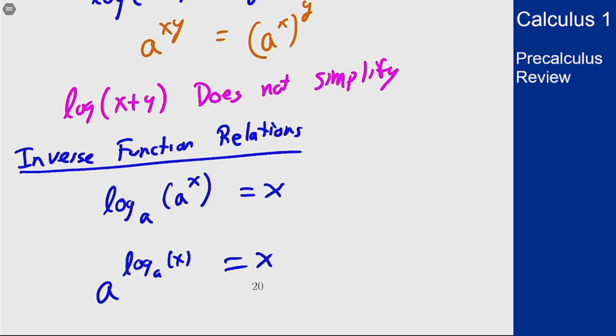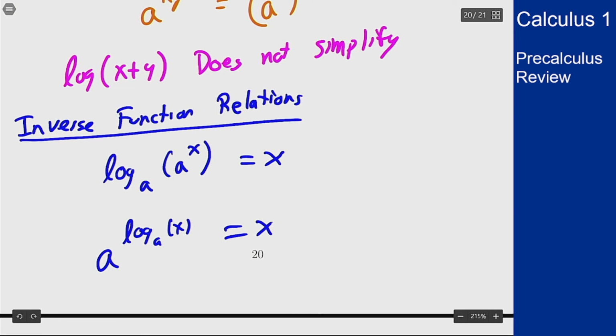That's the properties of the logarithm. The second one looks strange. But if you recognize that what you have here is the function a to the y with y equals log base a of x, you have a function that you're composing with its inverse function. And so you're just going to get x back.